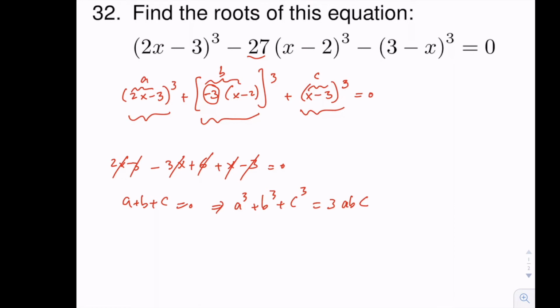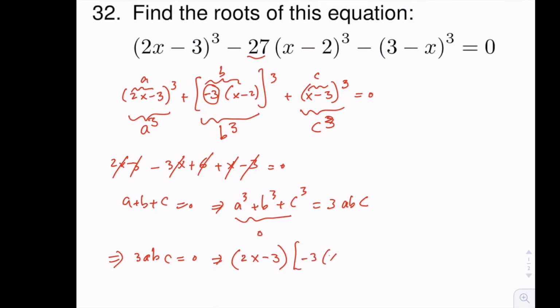And now we see that a cubed plus b cubed plus c cubed is also 0 here, which is this term. This is a cubed, this is b cubed, and this is c cubed. Therefore, we can say that 3abc is also 0, and therefore abc is 0, and we get 2x minus 3 times minus 3x plus 6 times x minus 3 is 0.